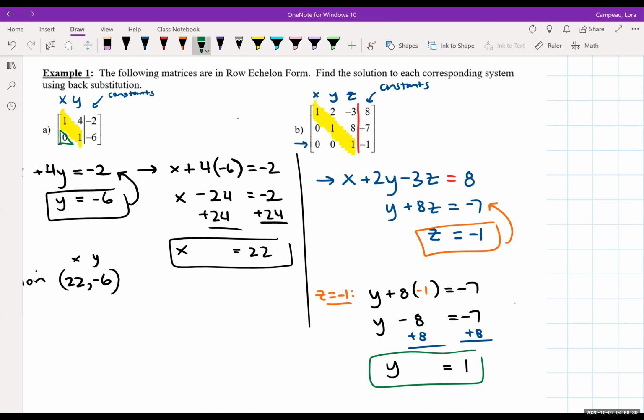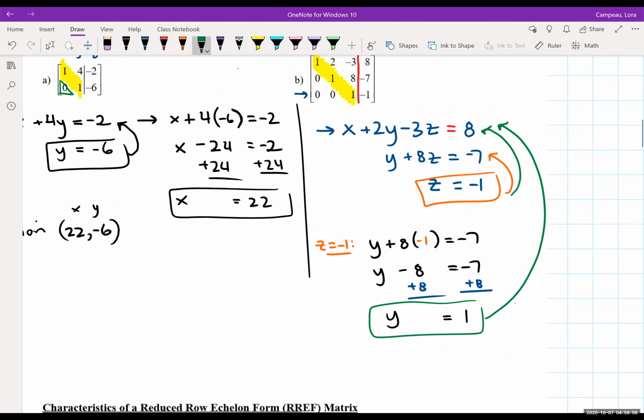So from there, back substitution basically means we're going to take the z from our first solution and also the y from our second solution, plug that into the top equation, and get the final value of the variables.